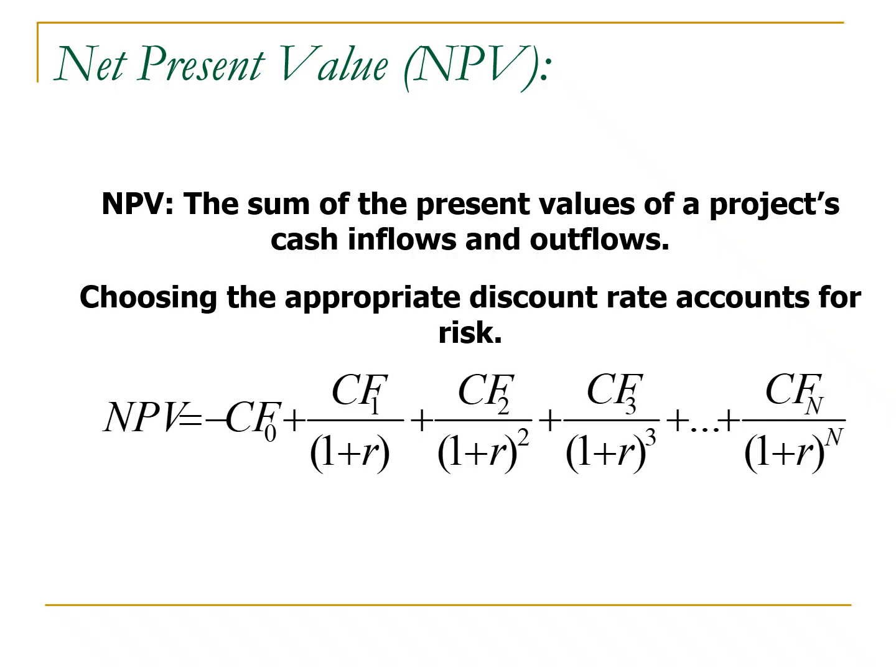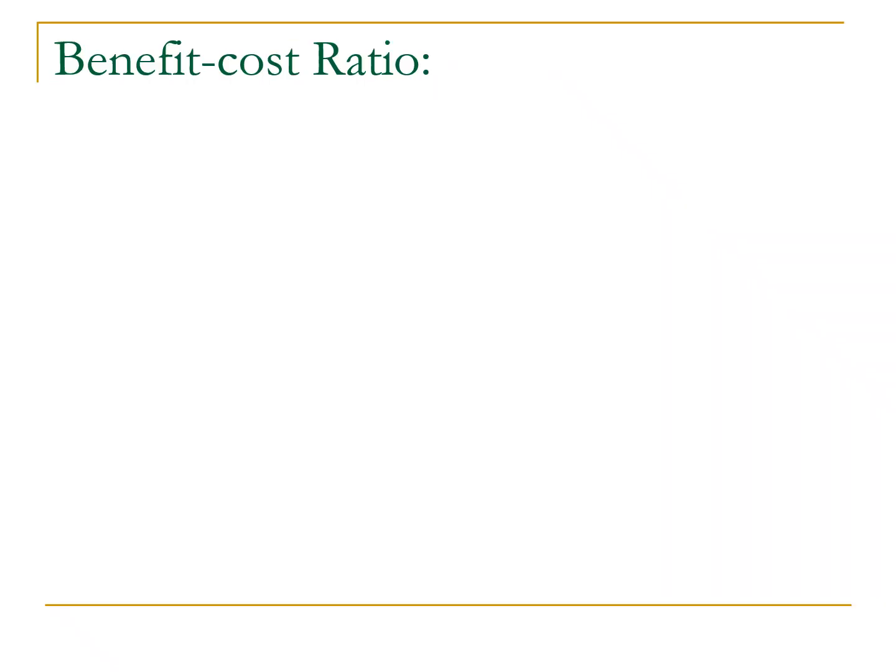So we have a formula for calculating NPV, that is NPV equals CF0 plus CF1 divided by (1+R) plus CF2 divided by (1+R)^2 plus CF3 divided by (1+R)^3 and so on, up to CFn divided by (1+R)^n. Accept the project if NPV is greater than 0. If it is not greater than 0, we can reject that particular project.